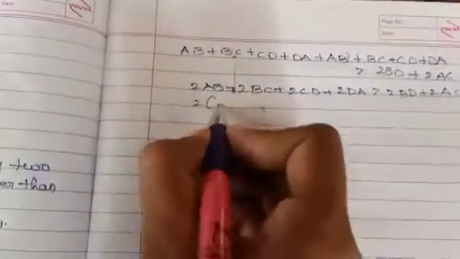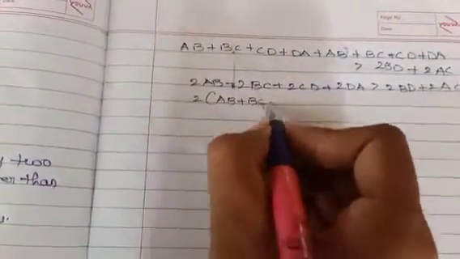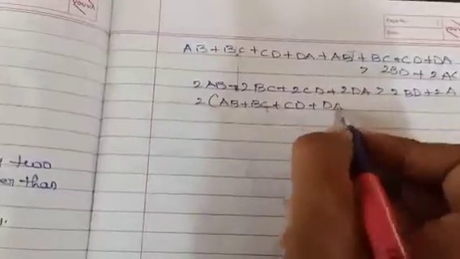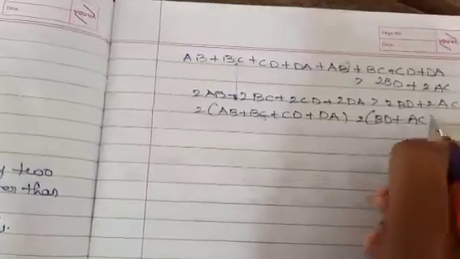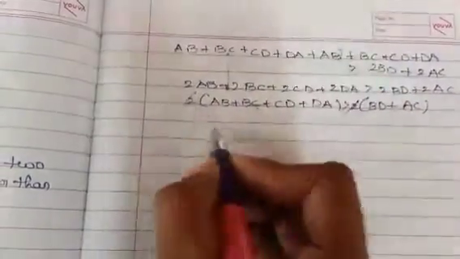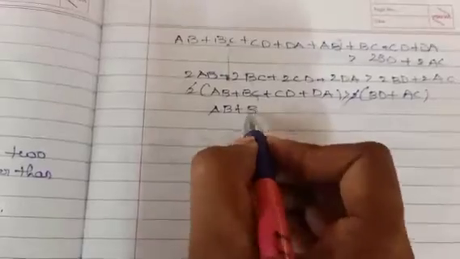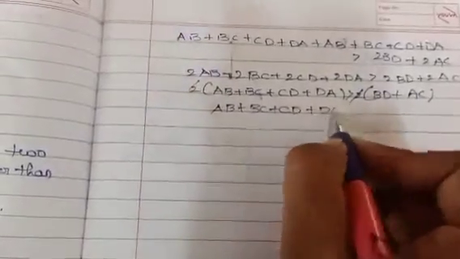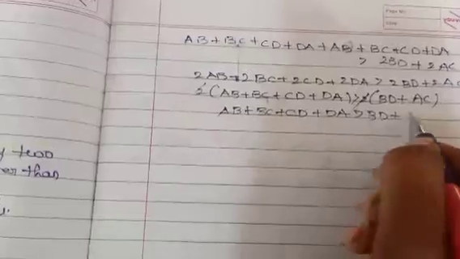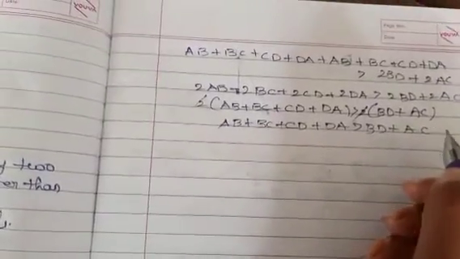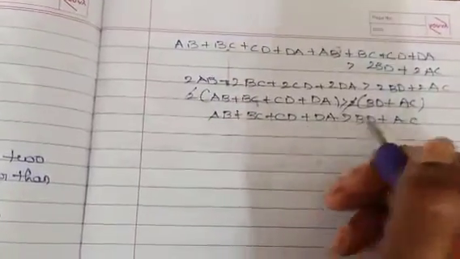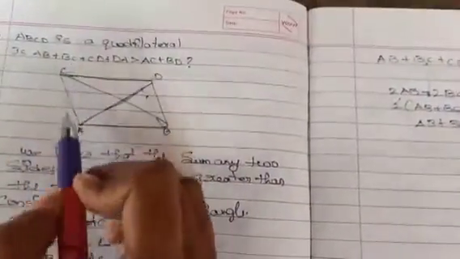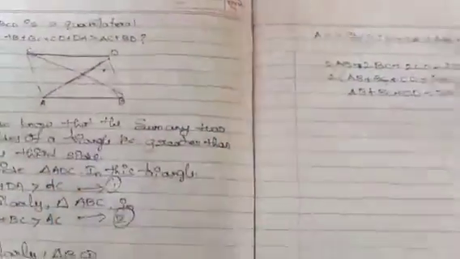Now take 2 common: AB plus BC plus CD plus DA greater than BD plus AC, since the 2 cancels. So we proved AB plus BC plus CD plus DA is greater than BD plus AC in quadrilateral ABCD. Thank you students.